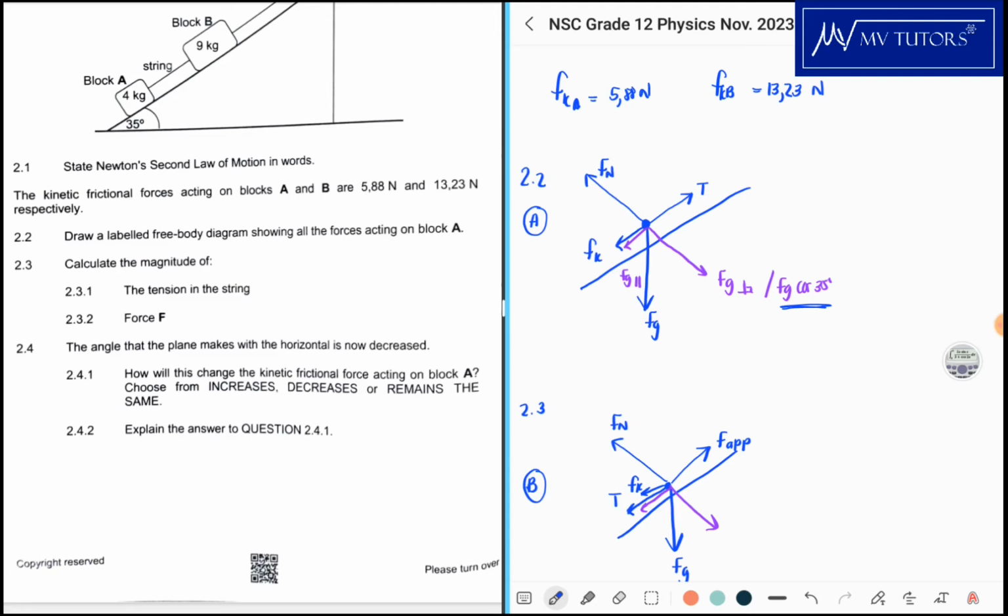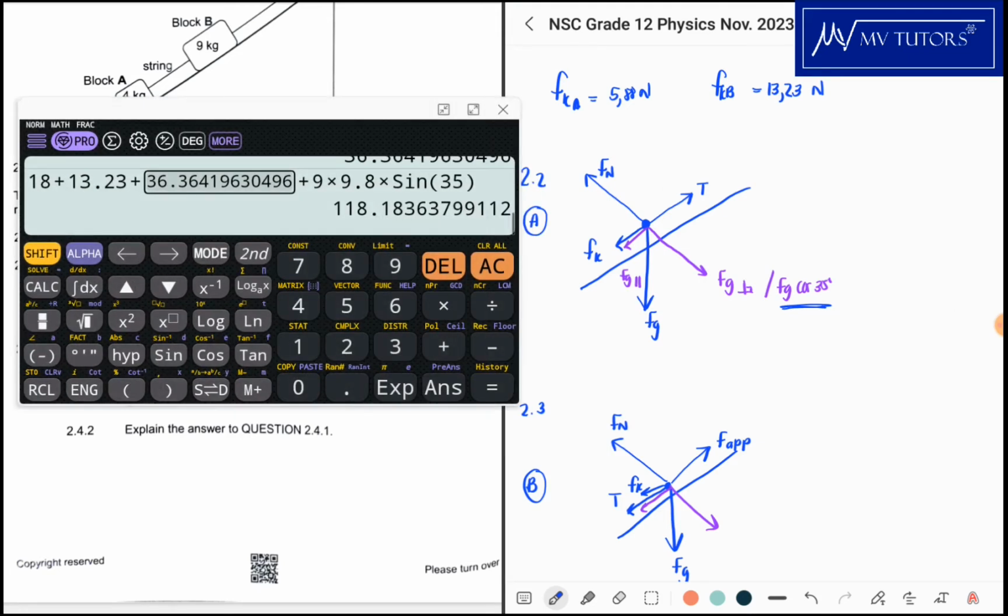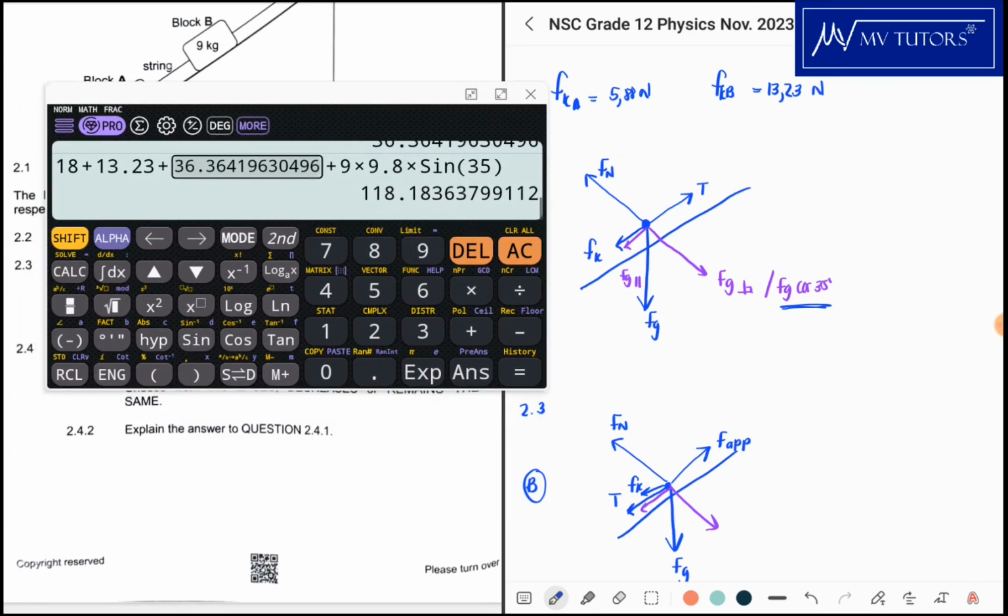Okay, so if you reduce the angle, let's just say this is 4 kilogram. So we have 4 times 9,8 times sine 35. What answer do we get? We get 22,48.